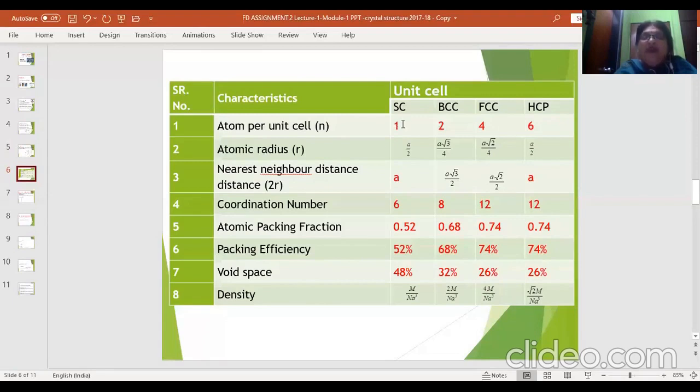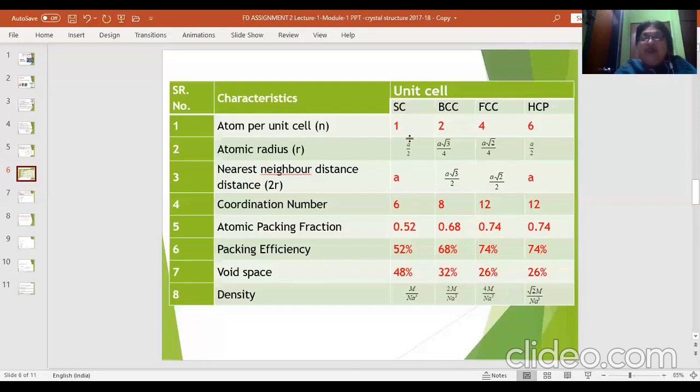Similarly, in BCC, you will have corner atom contribution 1, plus 1 from the body center, so it will become 2. Similarly, for FCC, there will be one corner atom contribution plus the 6 face-centered atoms contribution, which are divided by 2.